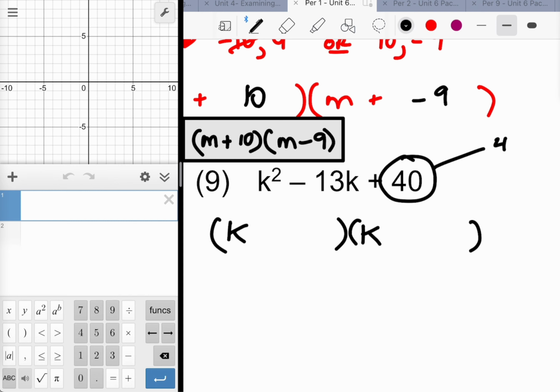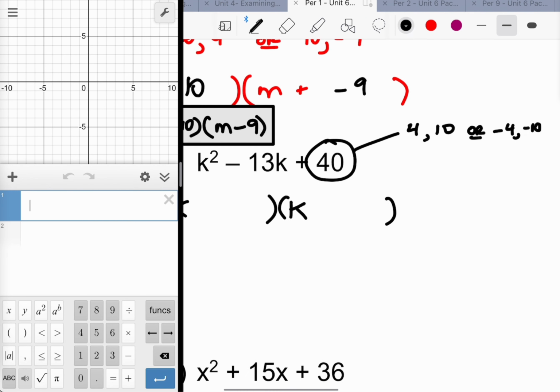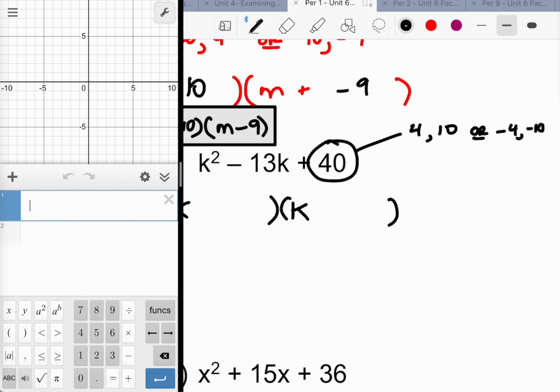Because this is a positive number, we'd have to be looking at 4 and 10 or negative 4 and negative 10. Adding those values is still not going to get me to a 13 or negative 13. So it's like, oh, we're running out of ideas here. But you keep going down the list and you start thinking, all right, well, what are the other possibilities? Eventually you come across 8 and 5.